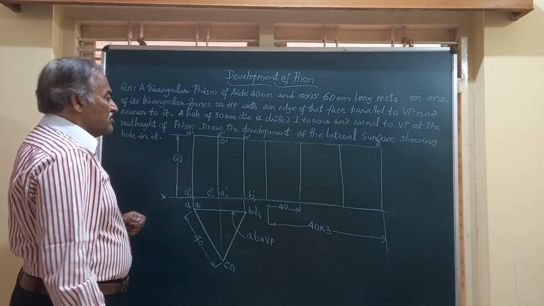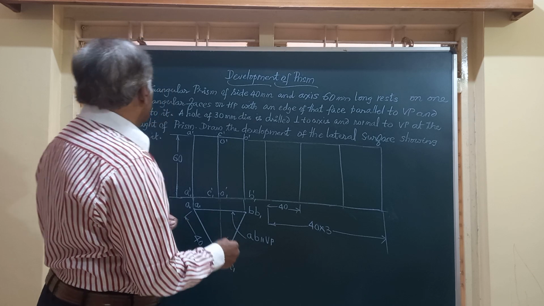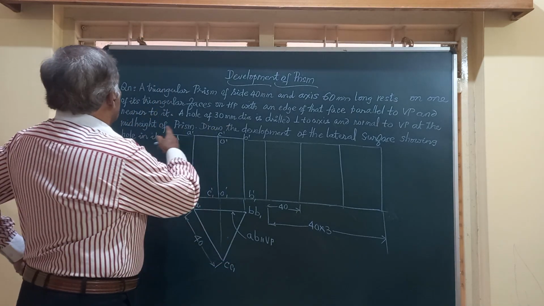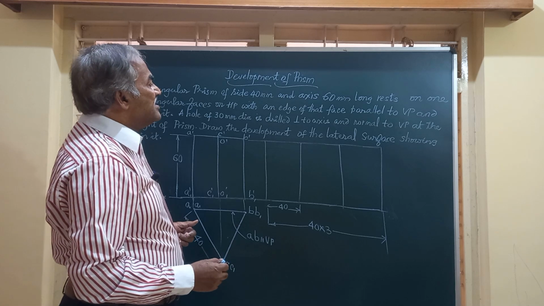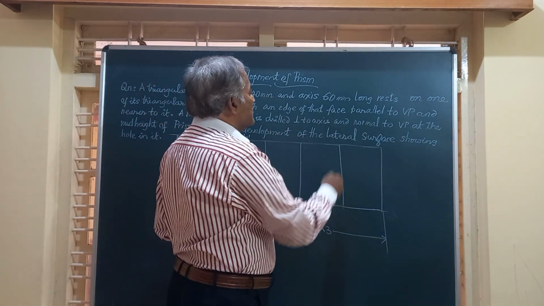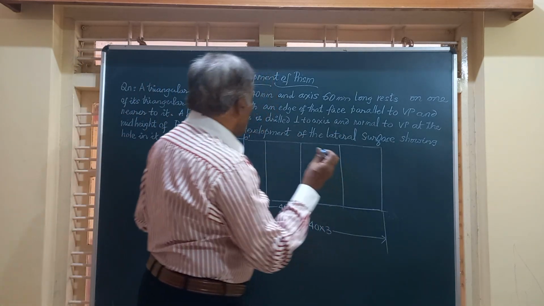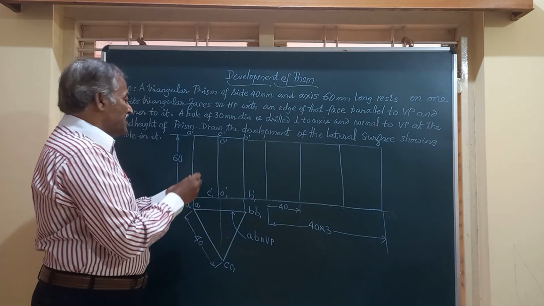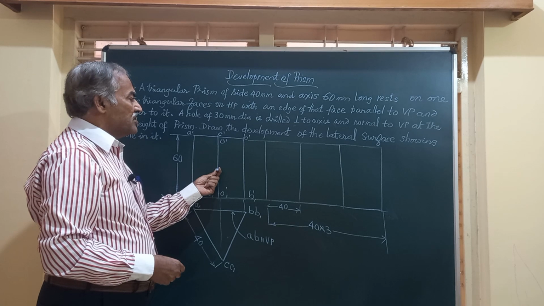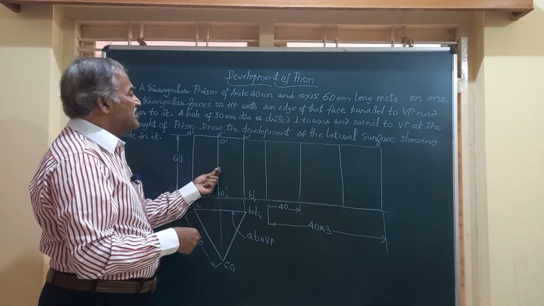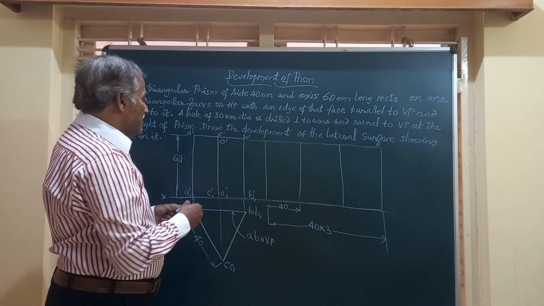Now it says in the question, a hole of 30 mm diameter is drilled perpendicular to the axis and normal to VP. So there is a hole drilled perpendicular to the plane of the board, and the diameter of that is equal to 30 mm.